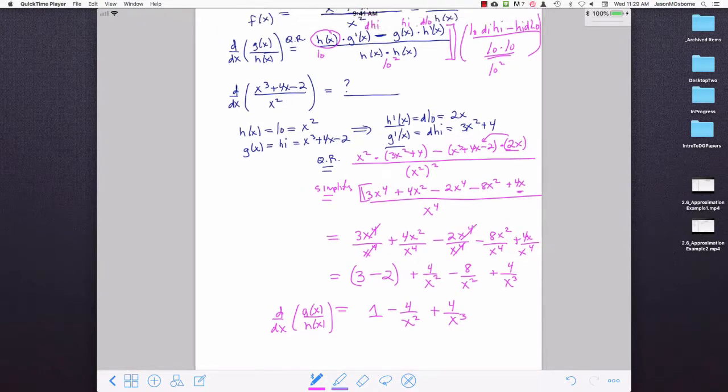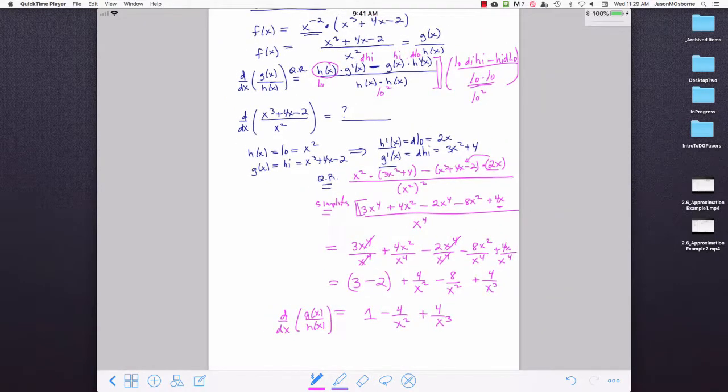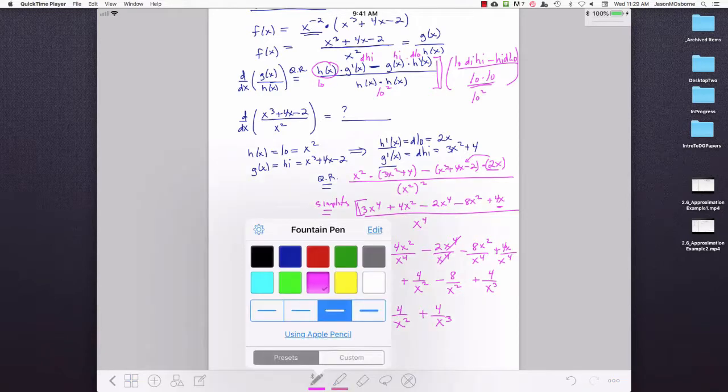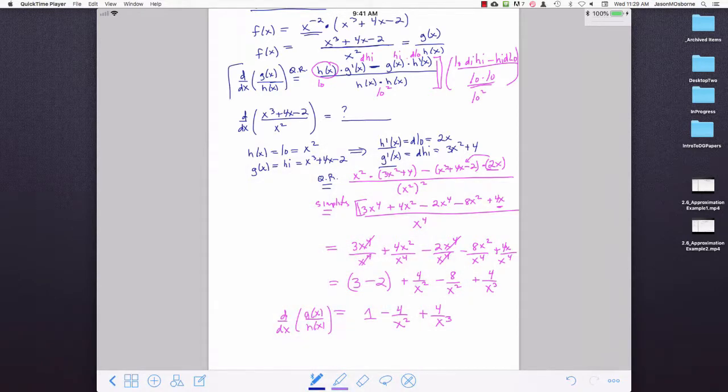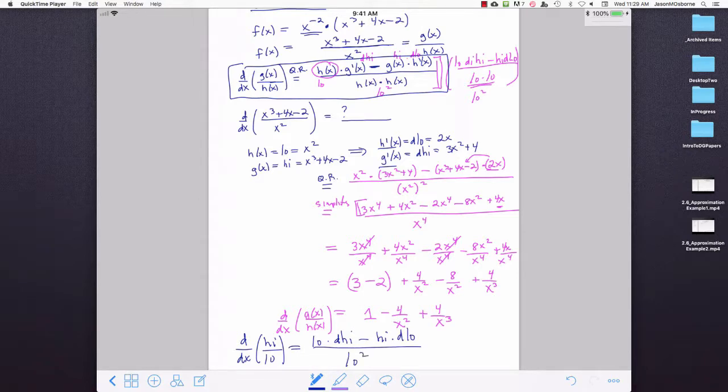Okay, and there is another example worked out using the quotient rule formula. I will say that the formula is correct here. The derivative with respect to x of the high function over the lower function is low times the derivative of the higher function minus high times the derivative of the lower function, over the lower function squared.